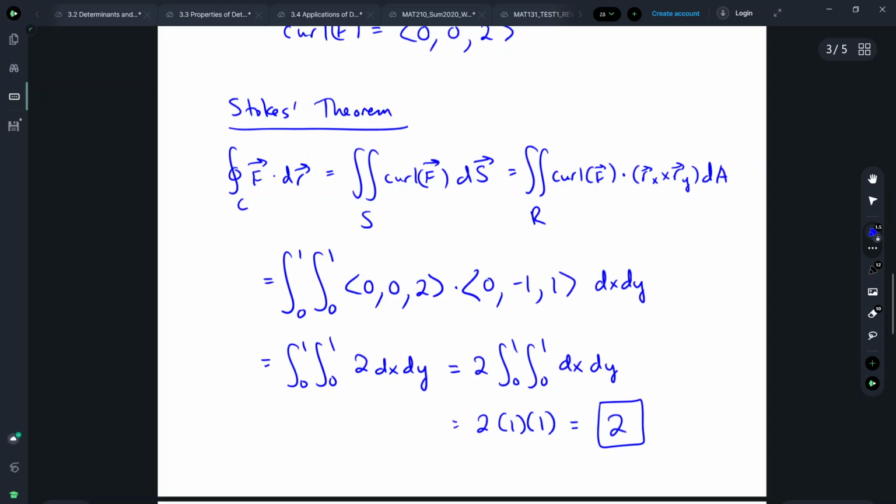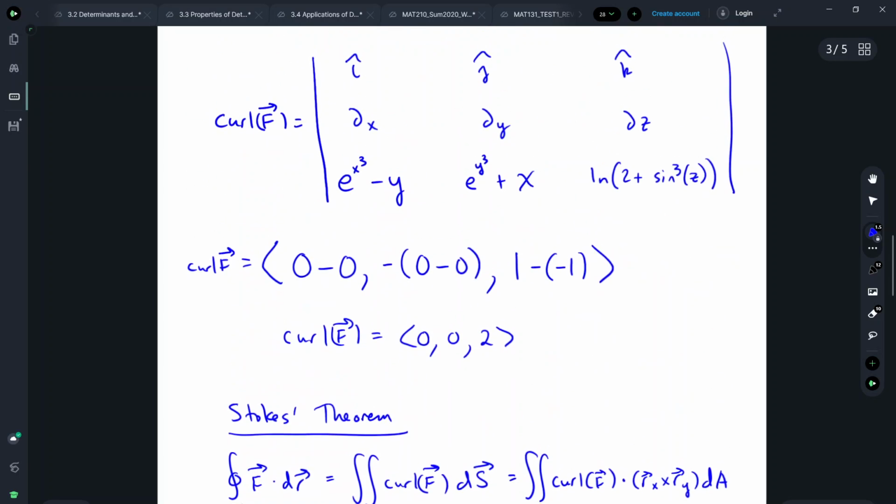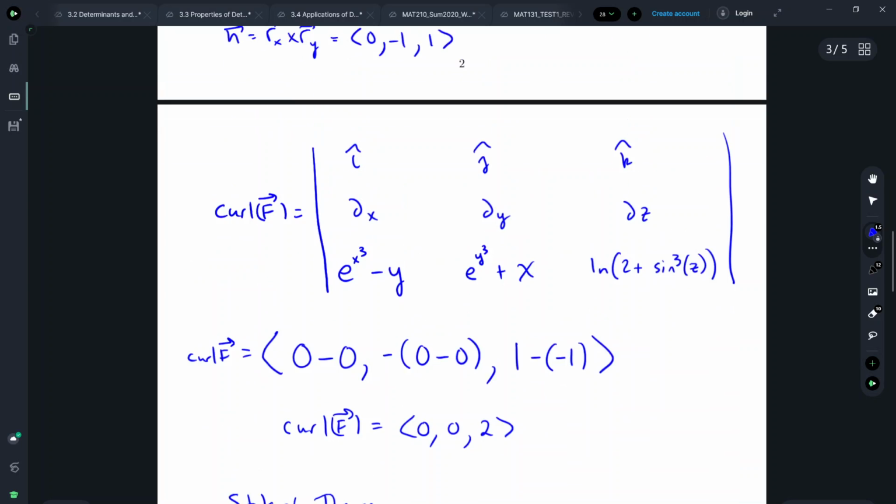Okay, so again, basically the idea in this problem was to replace this closed line integral with this surface integral instead using Stokes' theorem. So this calculation was fairly easy. The only difficulty is to set up the surface integral, right?